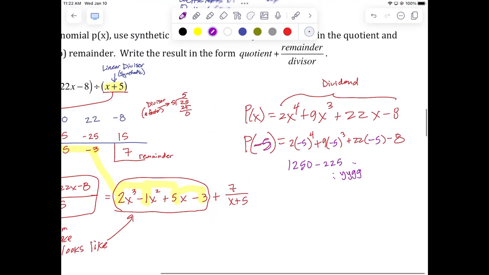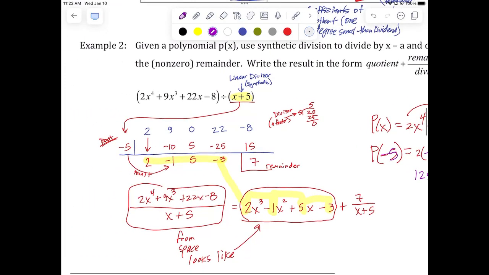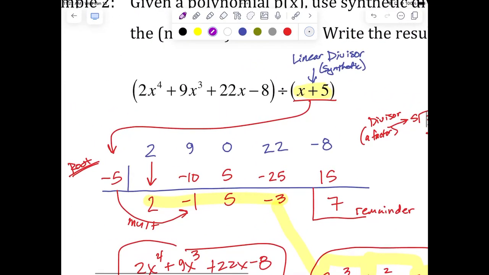Okay, here's how you would evaluate that polynomial at -5. You would take the coefficients of the x's and you would write them out along the top, putting a 0 as a placeholder for anything that's missing. You would then put the -5 out front, which is the x value we're trying to evaluate it at, and you would just go through the process of synthetic substitution.